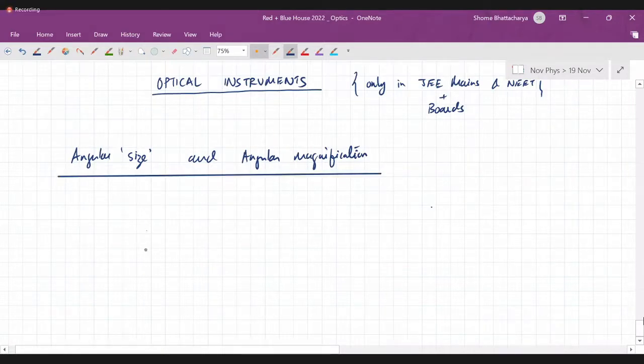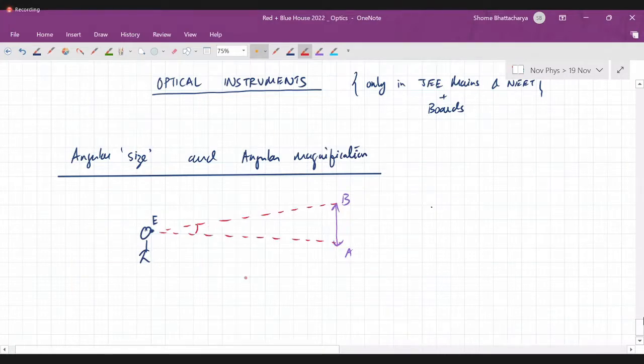So if the eye of an observer is receiving light from some object like this, then the total angle subtended by that object becomes the angular size.